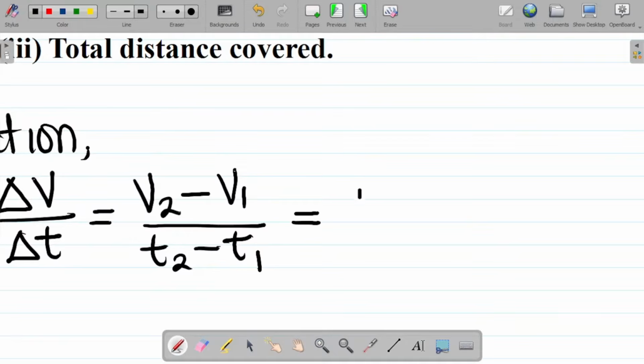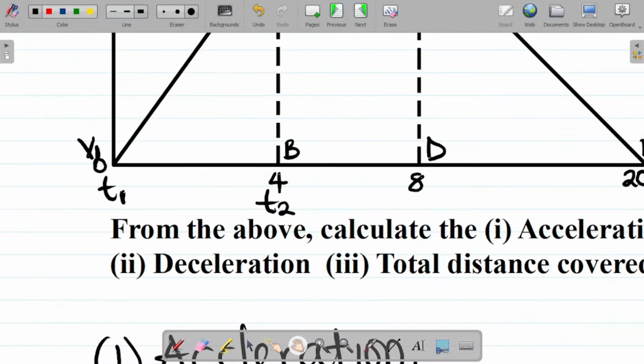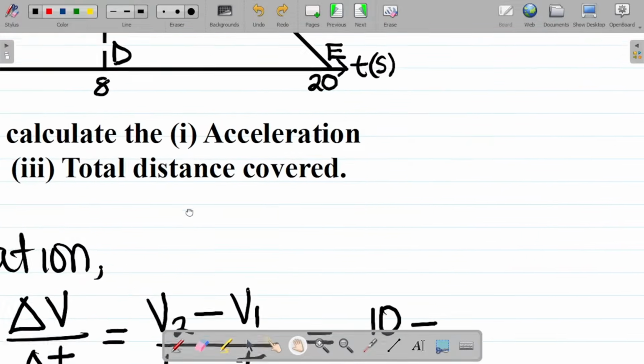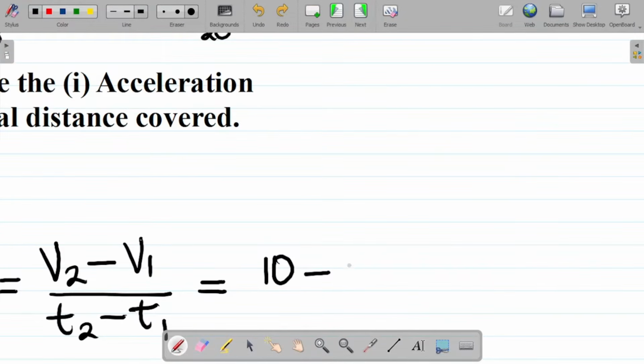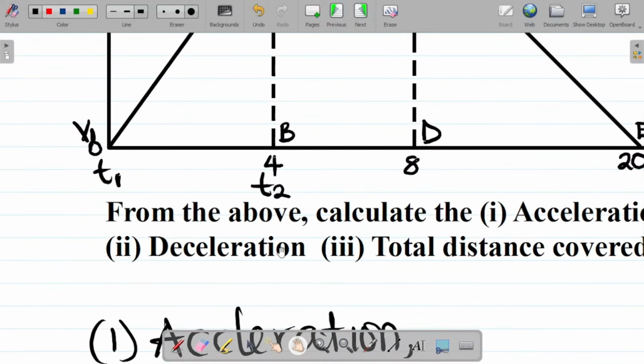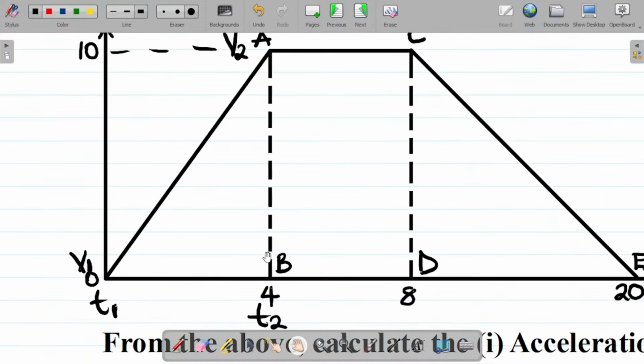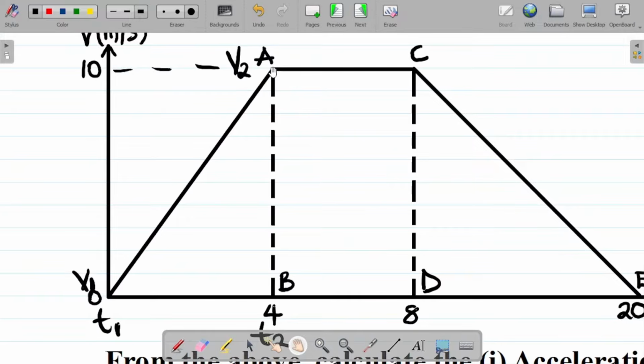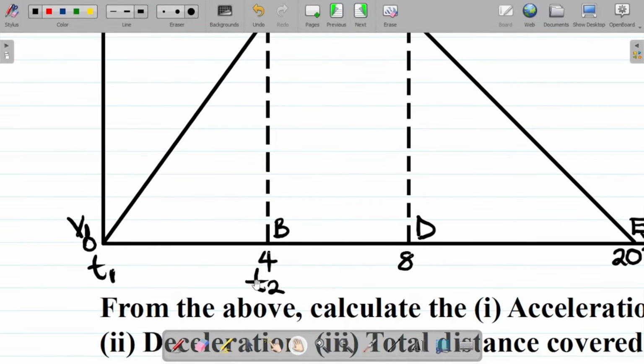So I have V2 as 10 minus V1. If I come to this, you can see that it starts from the origin, and at this point here V1 is 0. So V1 is 0, all over T2. T2 is the value of the time at this point here, where acceleration ends. If we trace this down, you can see that the value of T2 is 4.